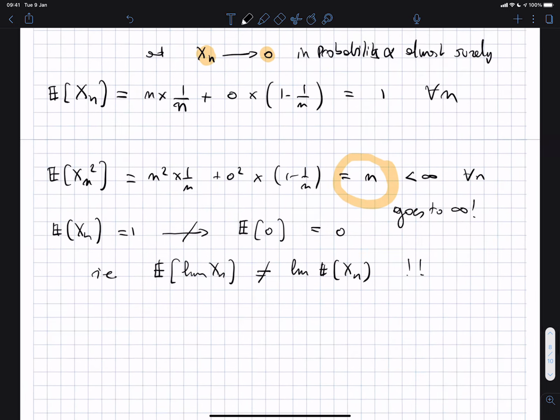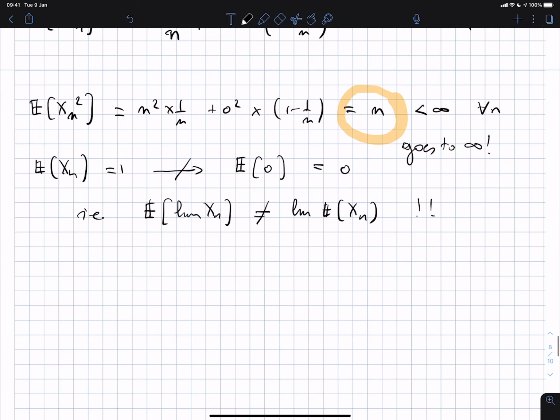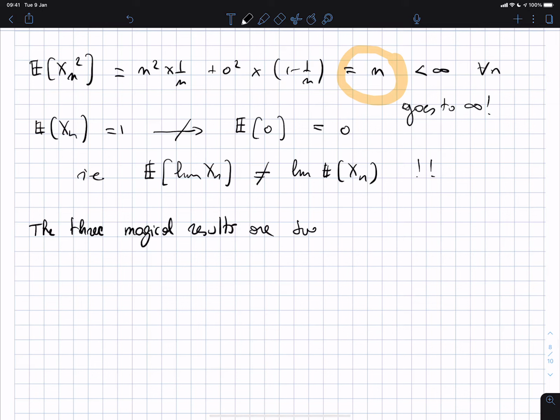So there's three magical results that all of you need to at least have heard of. They are due to a French mathematician called Henri Lebesgue.